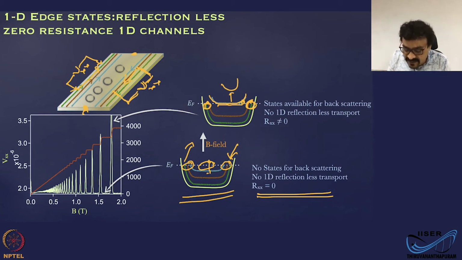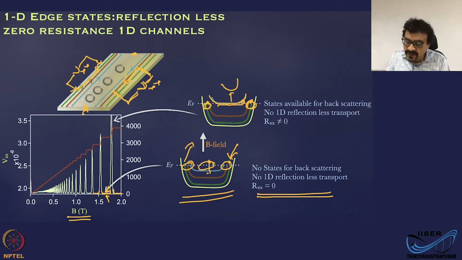You can see this fluorescent green curve hits zero resistance periodically as a function of magnetic field. This situation corresponds to one of the valleys, the zero resistance regions of this curve.